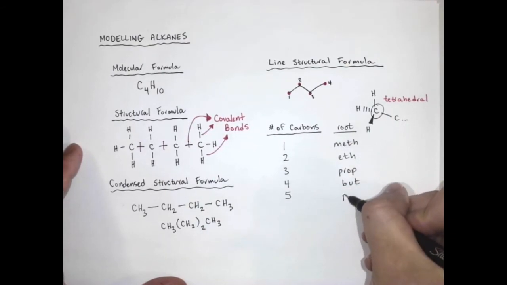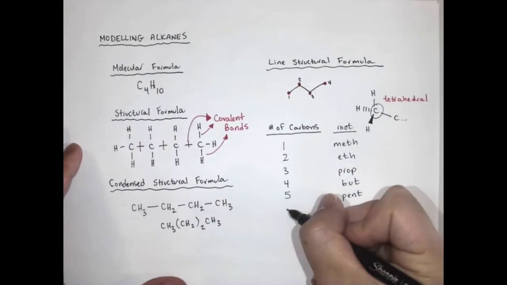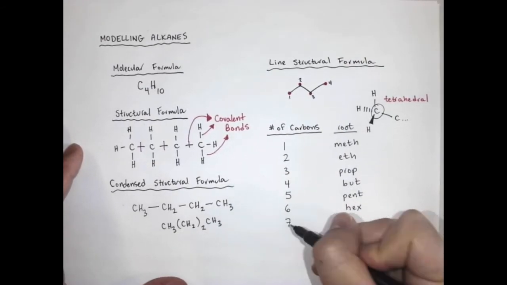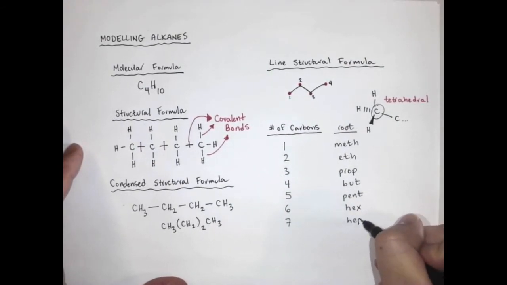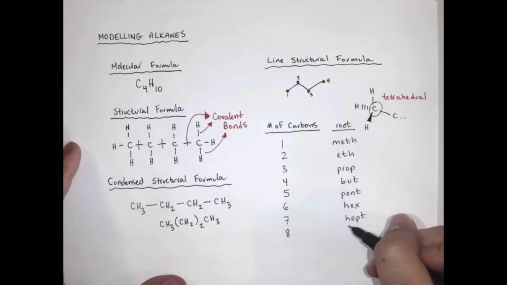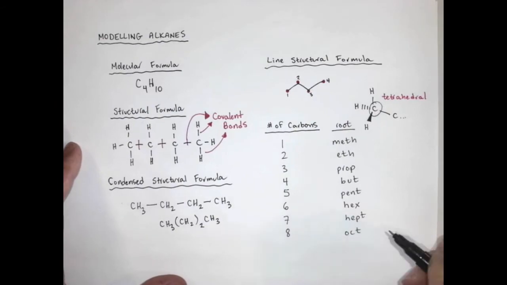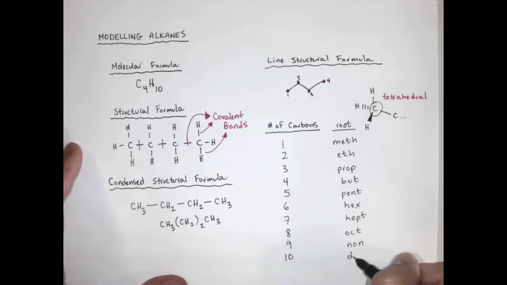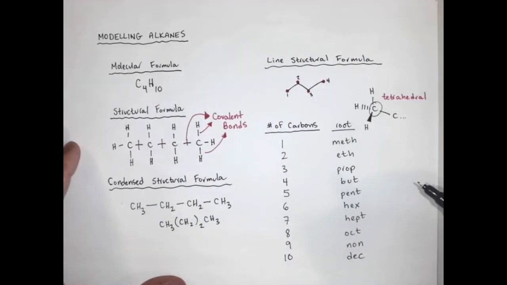For 5, it is pent. 6 is hex. 7 is hept. 8, you could probably guess this one, it's oct. 9 is non, and 10 is dec.